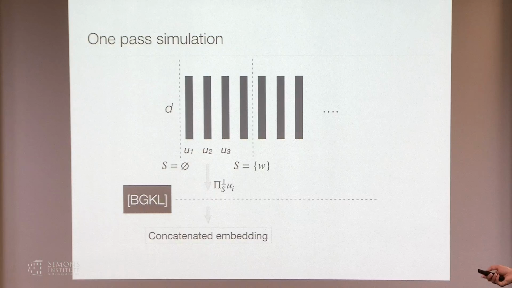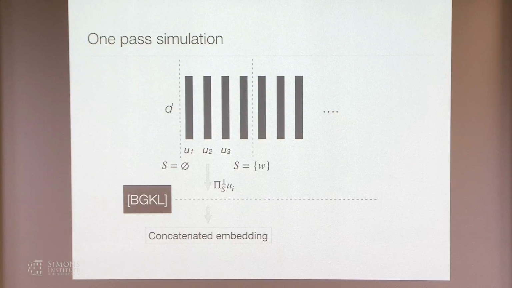So you just send the orthogonal component to this black box. Then you output the concatenation of the 2 embeddings: whatever embedding we got plus whatever embedding these guys get.